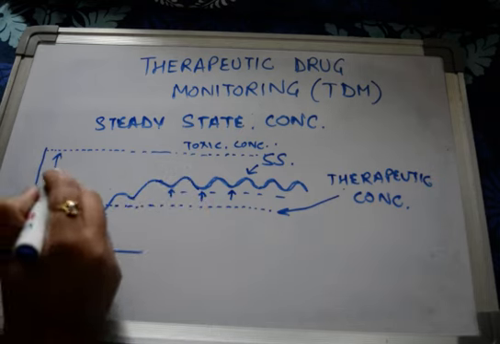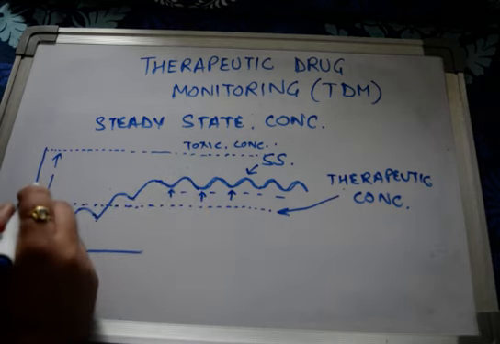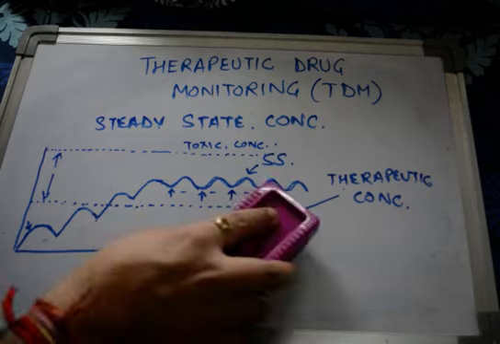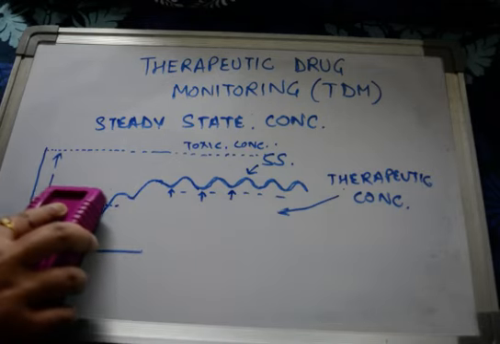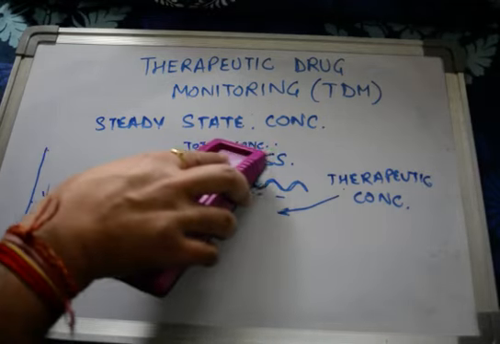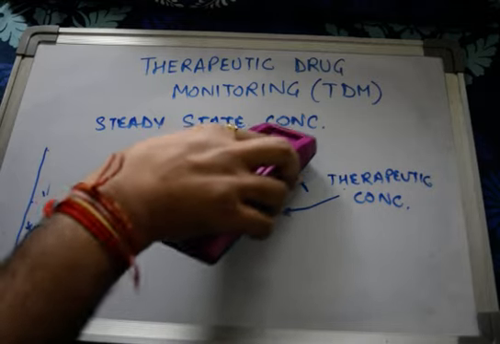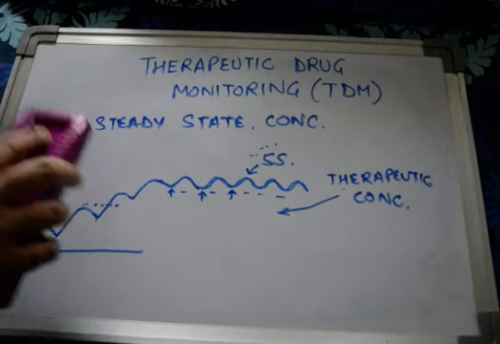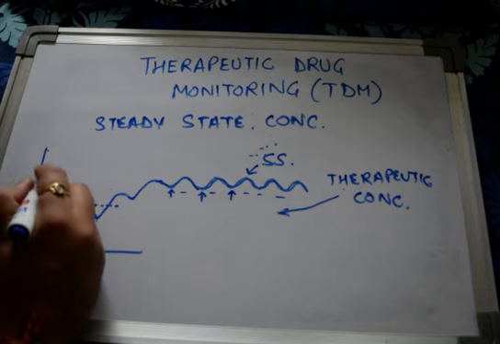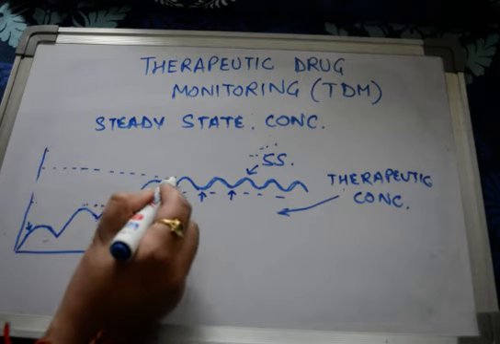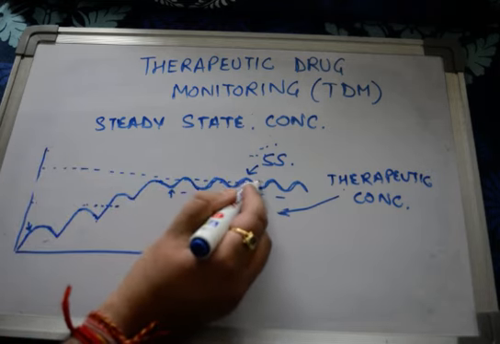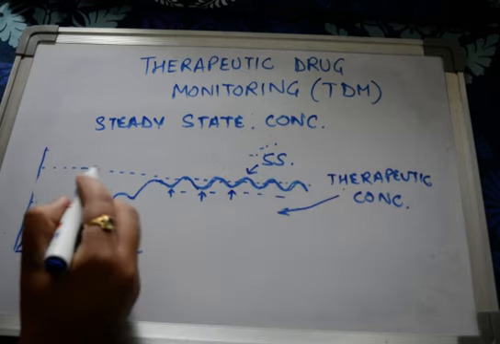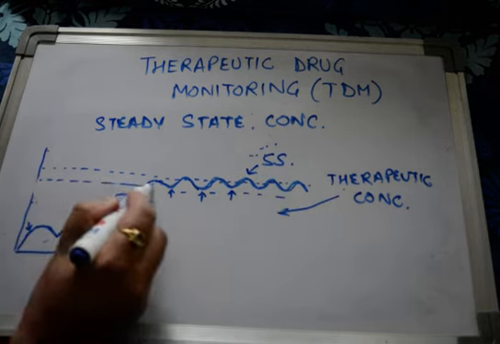Say I draw another margin. Say the therapeutic and the toxic concentrations are somewhat like this. This is the toxic concentration that I am drawing, and this is the therapeutic concentration.